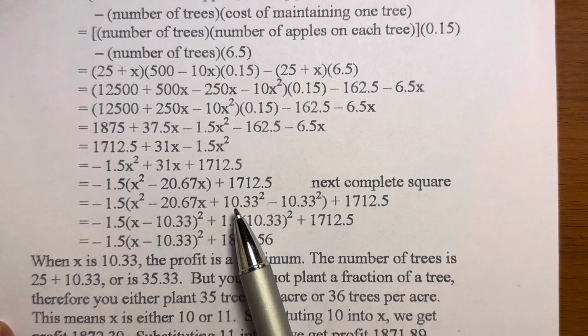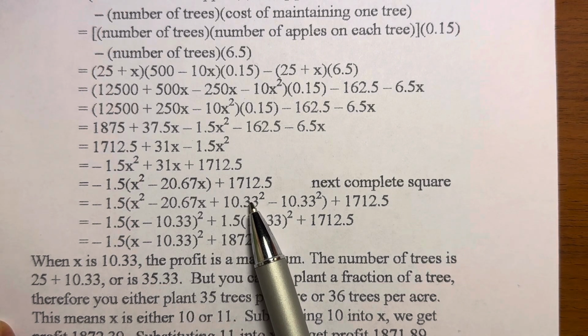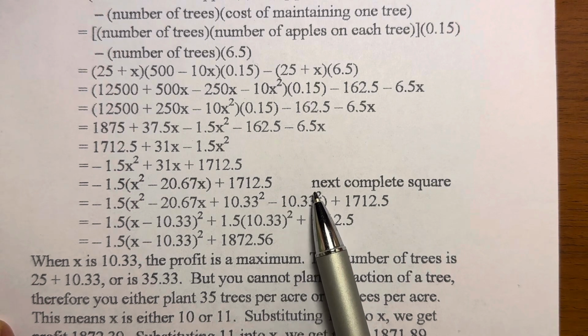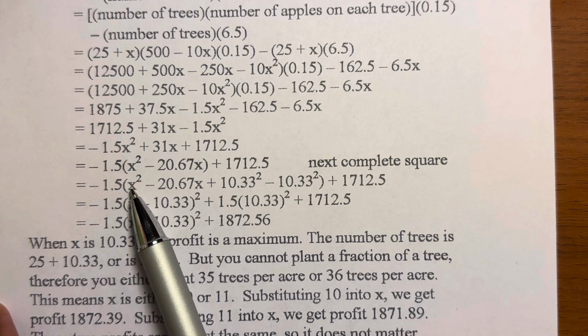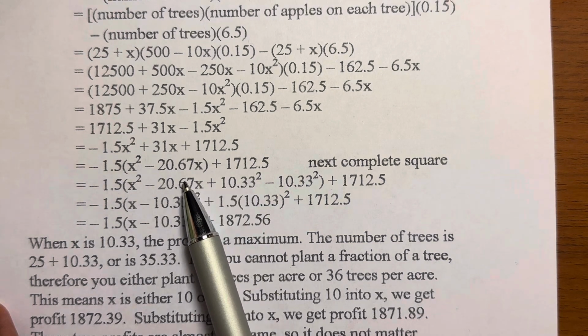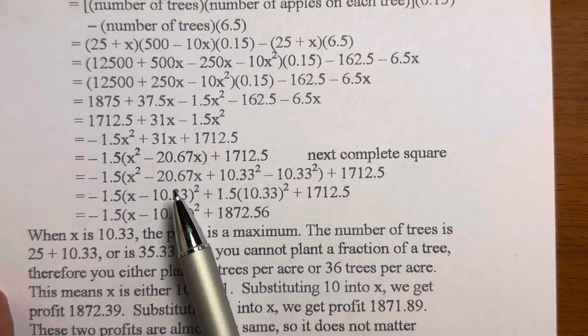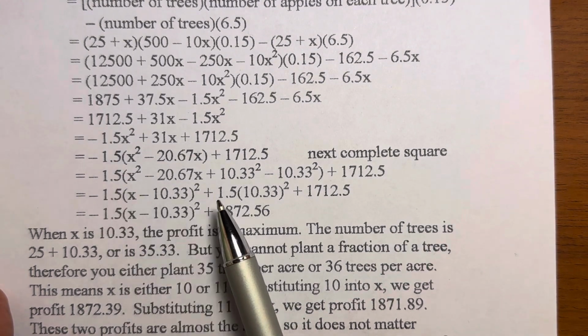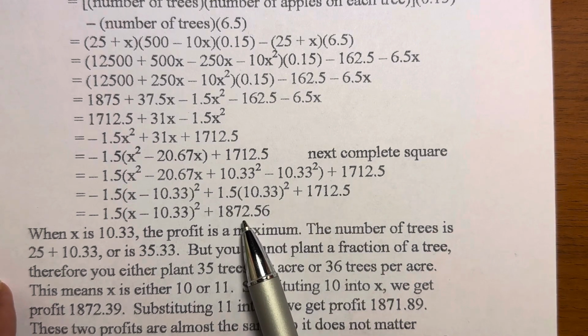So half of this is 10.33. So add this term, subtract the same term, and the first three terms form a perfect square. And multiply 1.5 into this part, I get this. Combine these two terms, I get this.